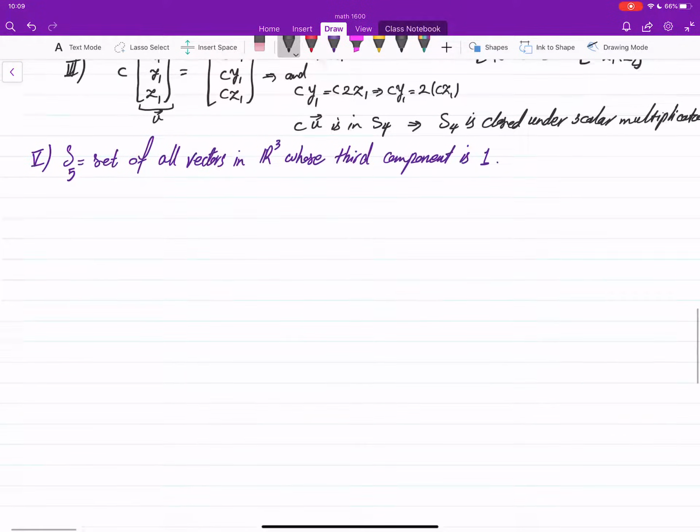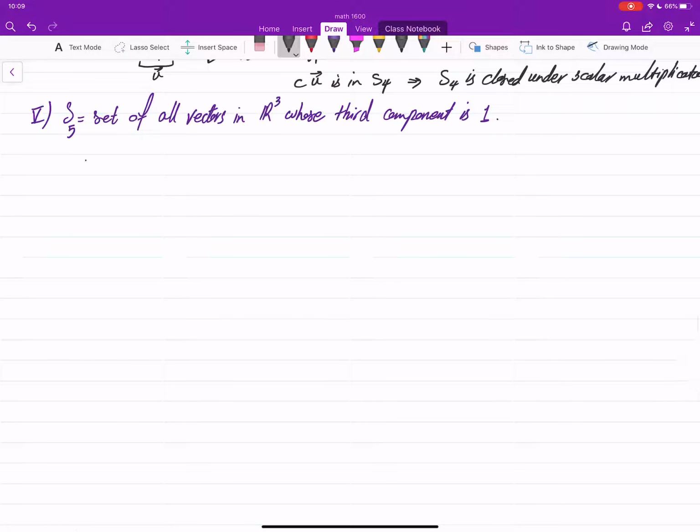How about S5? S5 is a set of all vectors in R3, so we have x, y, z such that the third component is equal to 1. Okay, start with the first condition. Is the 0 vector such a vector? So the 0 vector is 0, 0, 0.